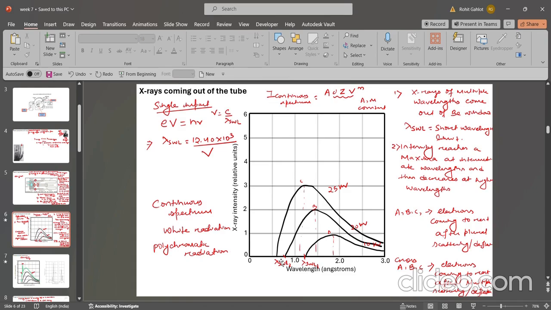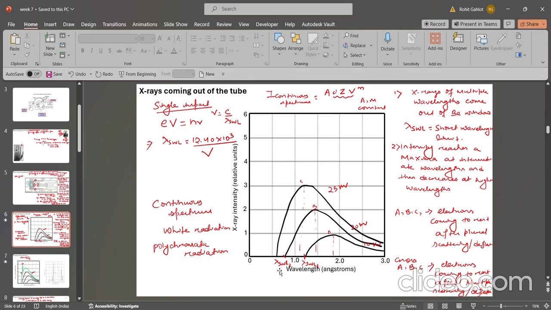The electrons which lost their energy completely and stopped in one impact will give rise to photons of the maximum energy, which means rays of minimum wavelength. So these are the points where the rays of the minimum wavelength are present.